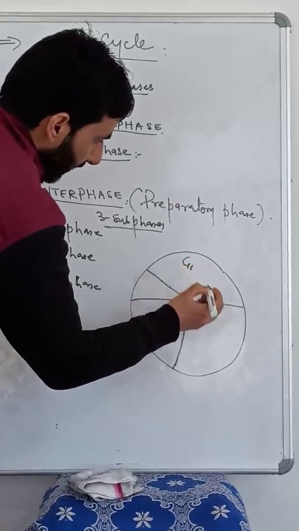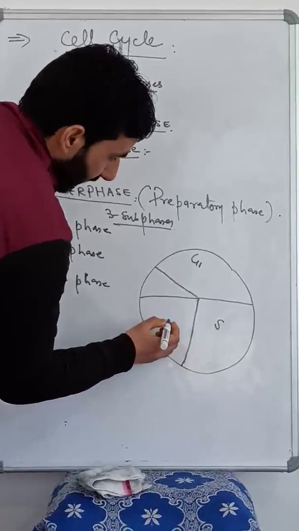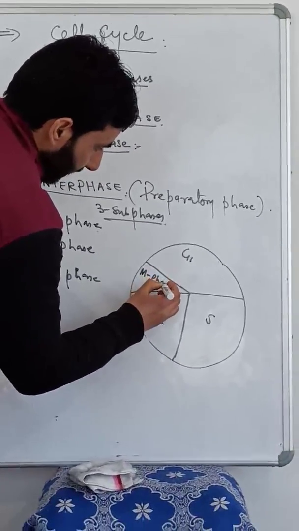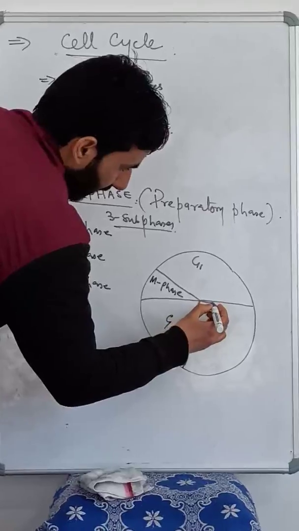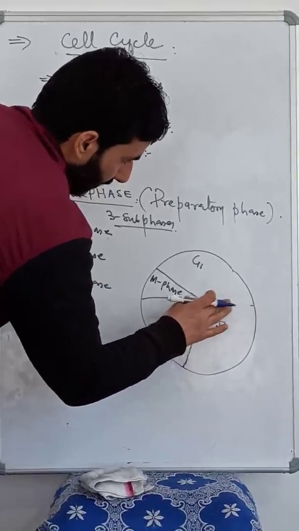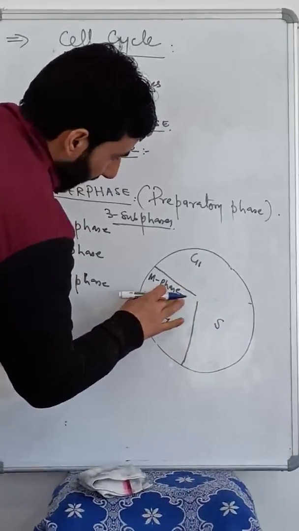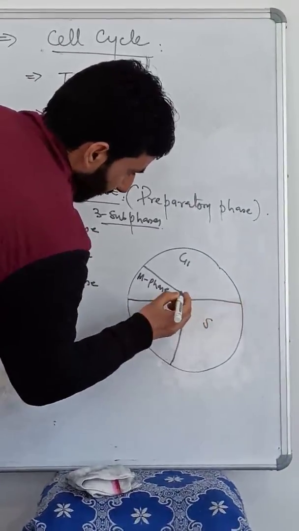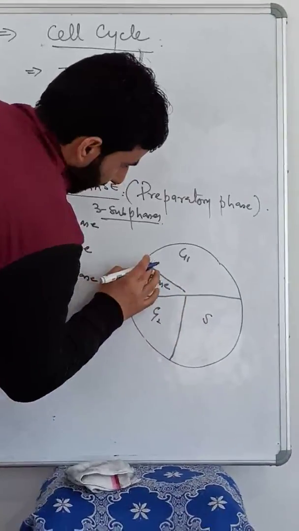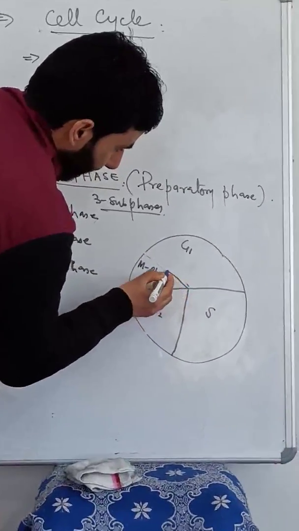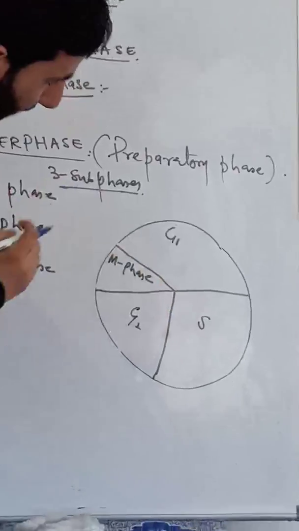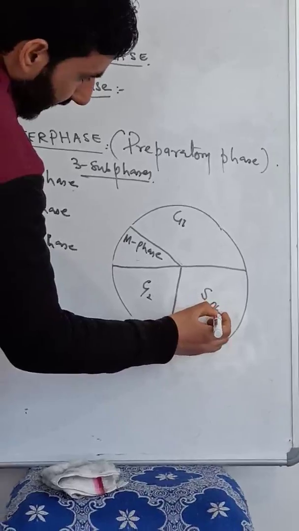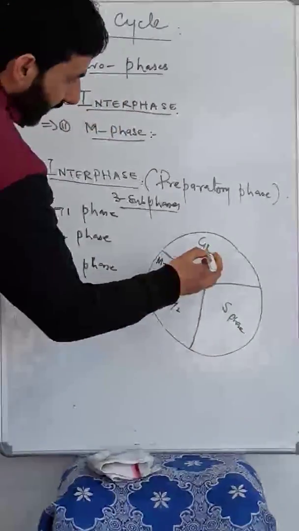This is the G1 phase, this is the S phase, this is the G2 phase, and this is the M phase.